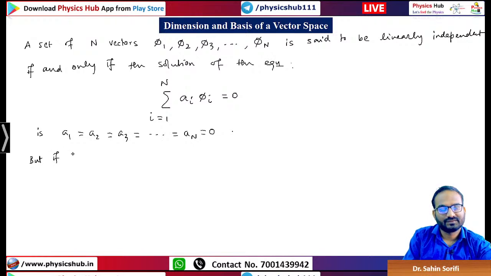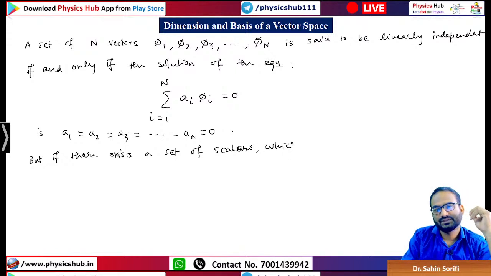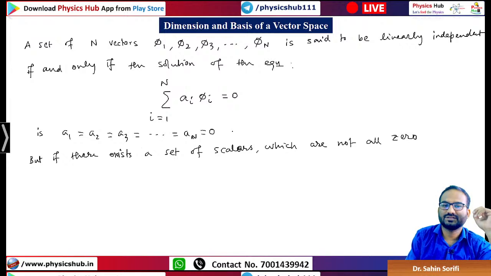But if there exists a set of scalars which are not all 0, so from the linearly independent condition, these scalars all must be 0.